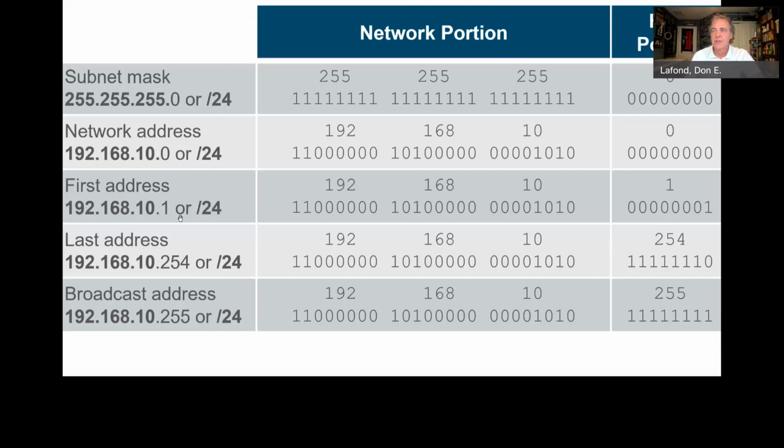And the second network would start with 128 and it would go to 255. So that's why it's important to examine the CIDR notation, the subnet mask, to determine where the first network ends and the second network begins.